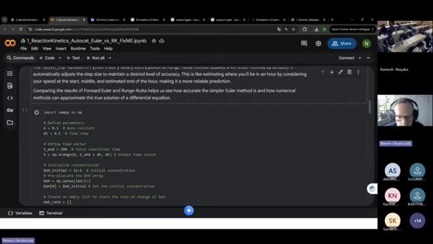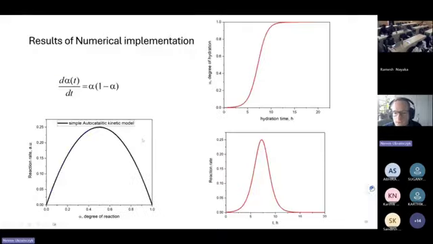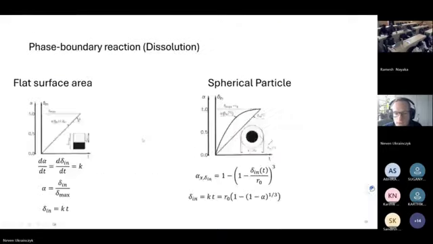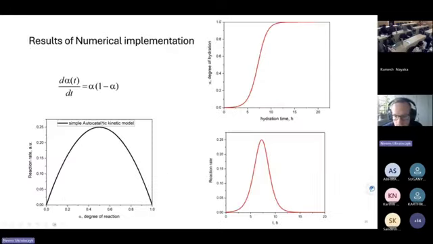Let me show you, maybe easier, because this is actually quite simple. It's just this part. We just need a loop, and then write this equation, and you get this symmetric shape of this autocatalytic kinetic model, which when you integrate, you get also the time dependence.